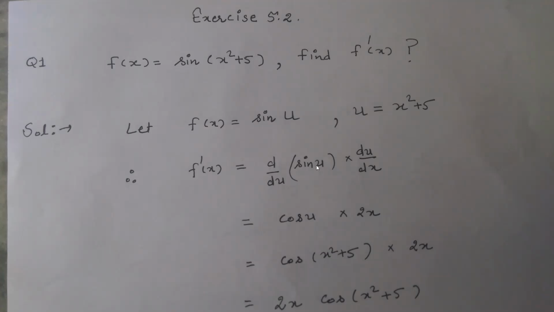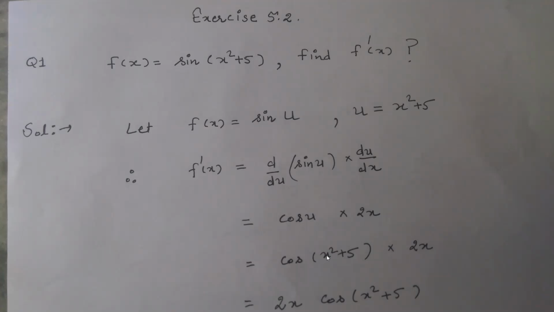So sin u differentiated with respect to u becomes cos u, and u, when differentiated with respect to x, the derivative of x² is 2x, the derivative of 5 is 0. So the result is cos u into 2x. Now what is u?